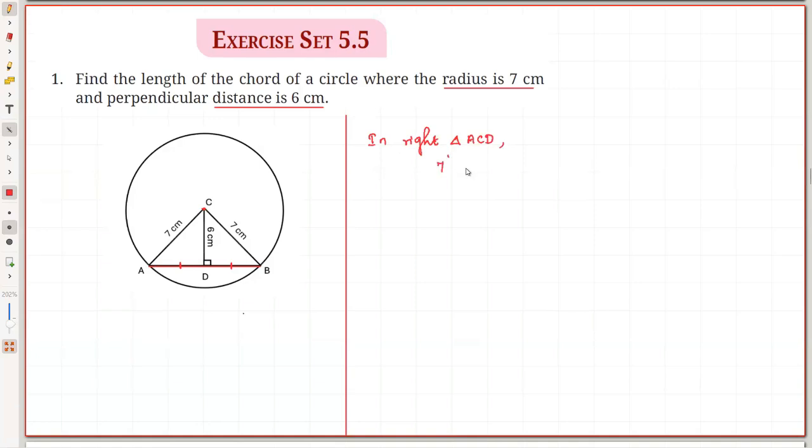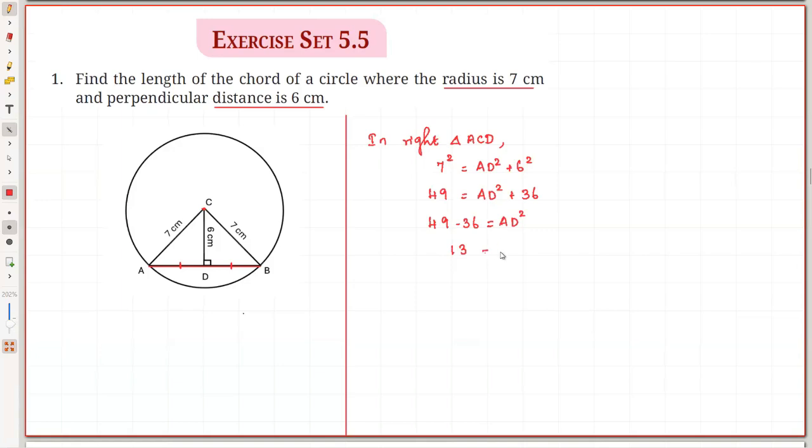That is 7 square is equal to AD square plus 6 square. 7 square is 49, equal to AD square plus 6 square, which is 36. Take this 36 to this side. So 49 minus 36 is equal to AD square, and that is 13.